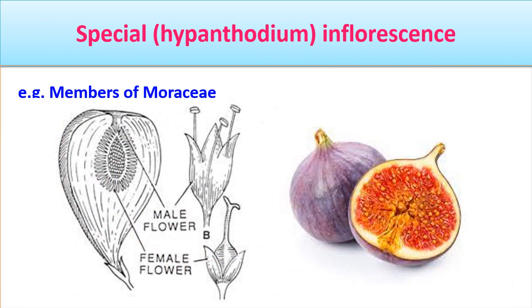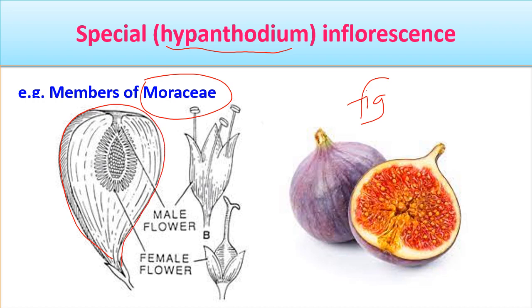Here is another special type of inflorescence, that is the hypanthodium type of inflorescence, which is generally seen in fig or the members of family Urticaceae or Moraceae. Here you can see this is a receptacle, and here are the flowers attached to the receptacle throughout its length.